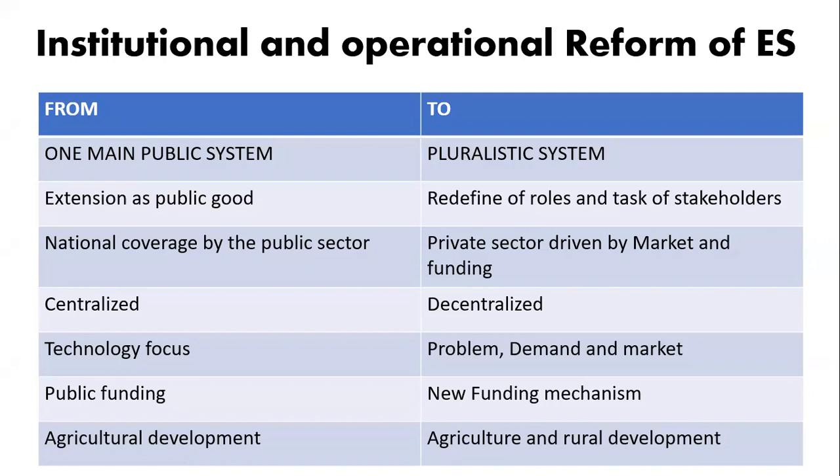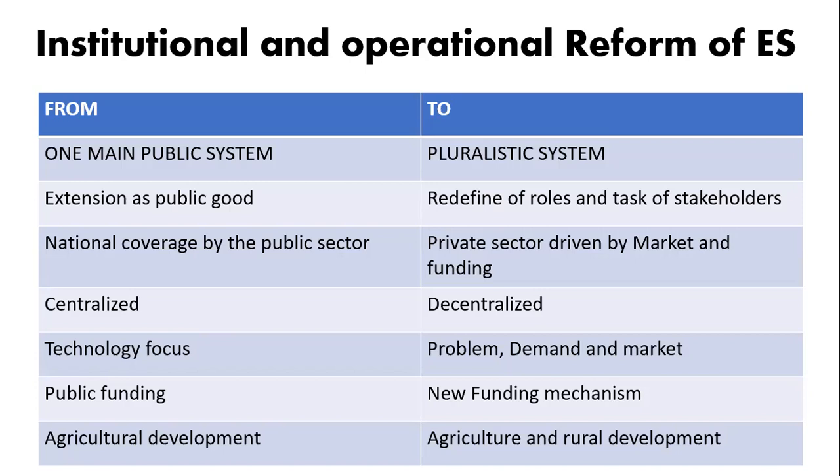Therefore, it should be reformed from one dominant public system to a decentralized pluralistic extension system. That reform should be there in Sri Lanka, because otherwise it is very difficult even for the central government to control or invest. There is no money.